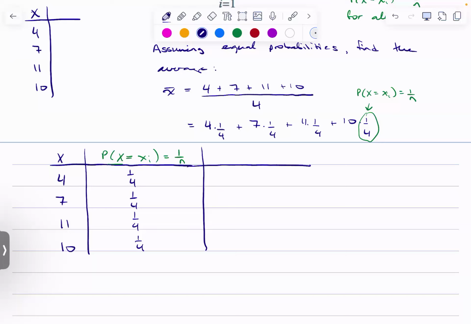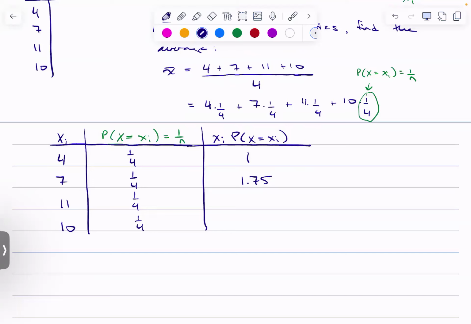And so we can make a new column: xi times the probability that x equals xi. 4 times 1/4 is 1. 7 times 1/4 is 1.75. 11 divided by 4, I'm cheating, is 2.75, and 10 divided by 4 is 2.5.